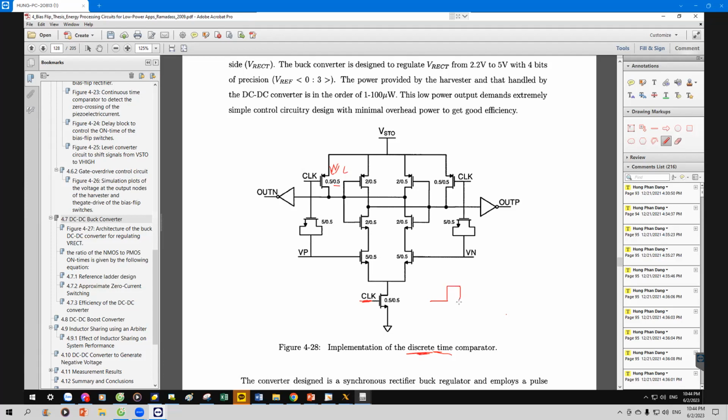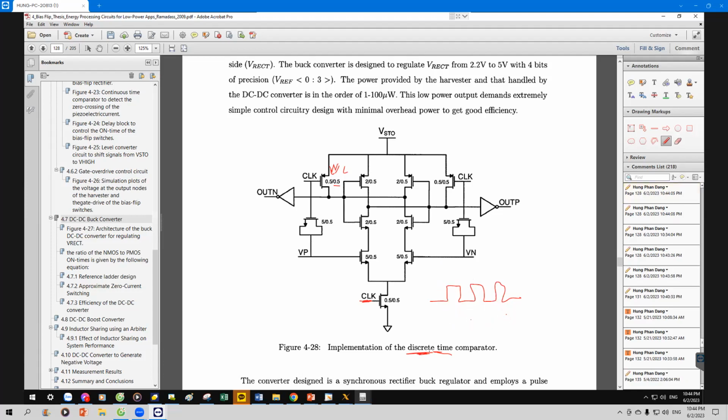So for discrete time, the clock is like this. So is the comparator running when the clock is 0 or 1? It only works at the rising edge of the clock, the high state of the clock. Power is only consumed here.